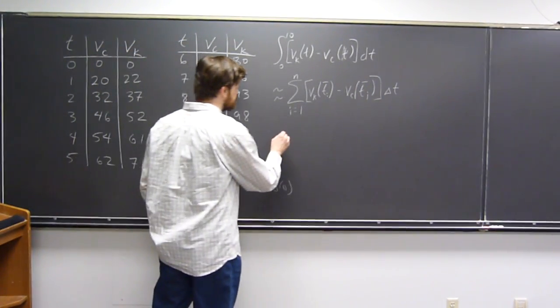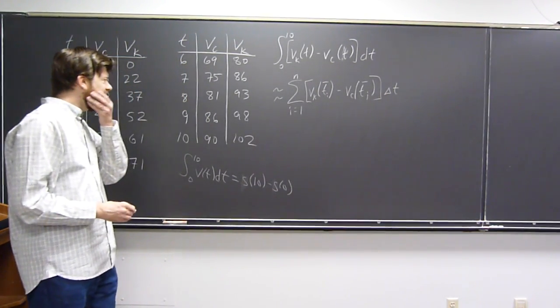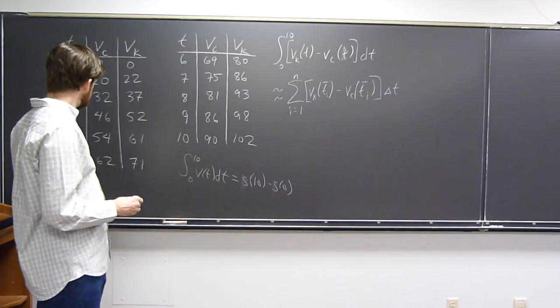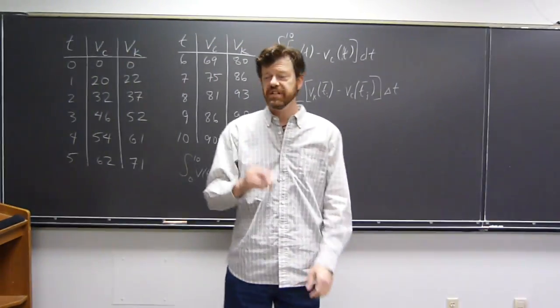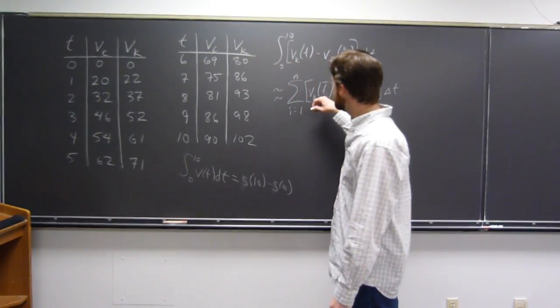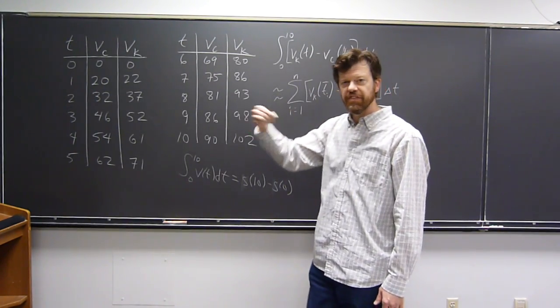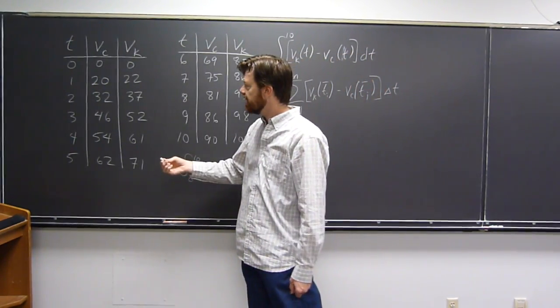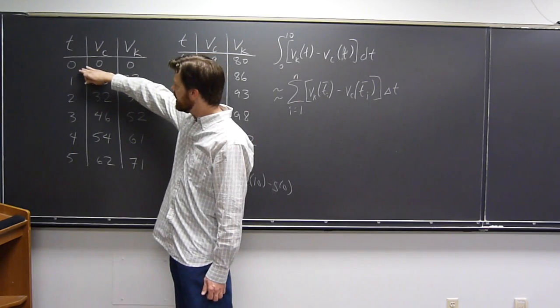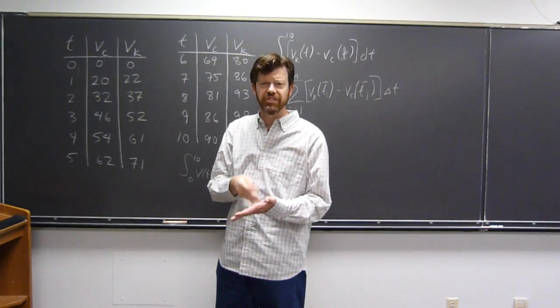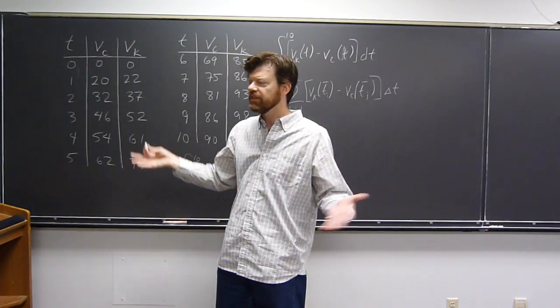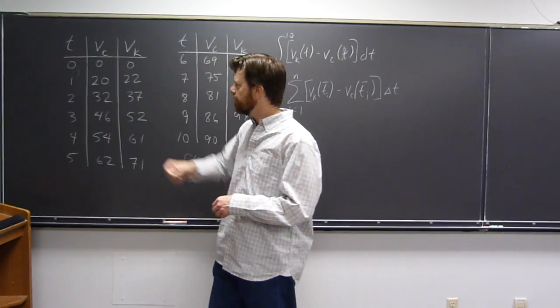In this case, we cannot divide this into 10 subintervals of 1 second, because we need to know the velocity at the midpoint of the time interval. If I used the interval of time from 0 to 1, I would have to know the velocity at 0.5 seconds, and I don't know that.